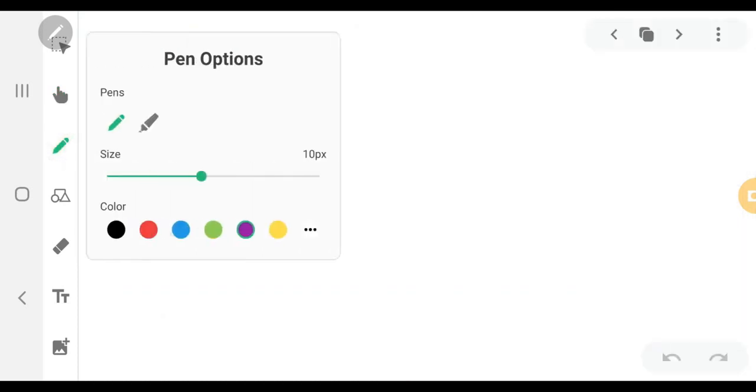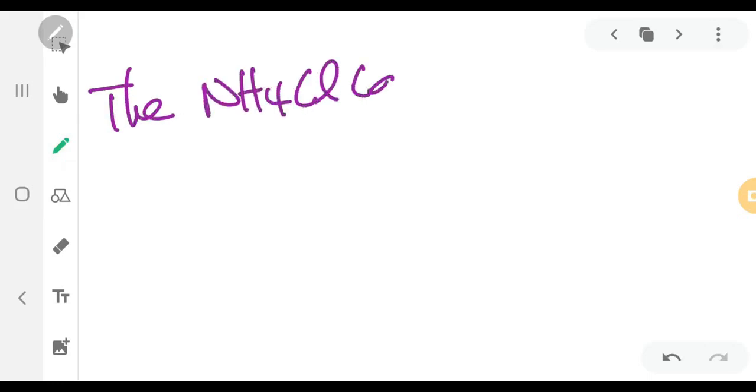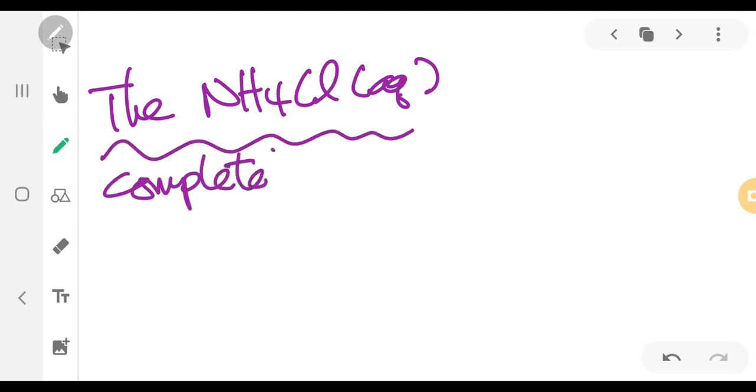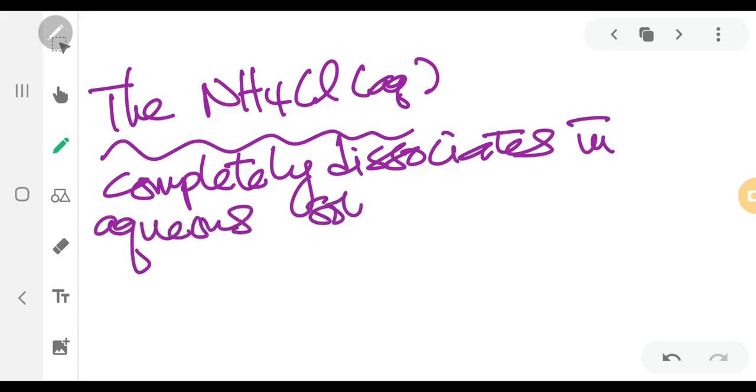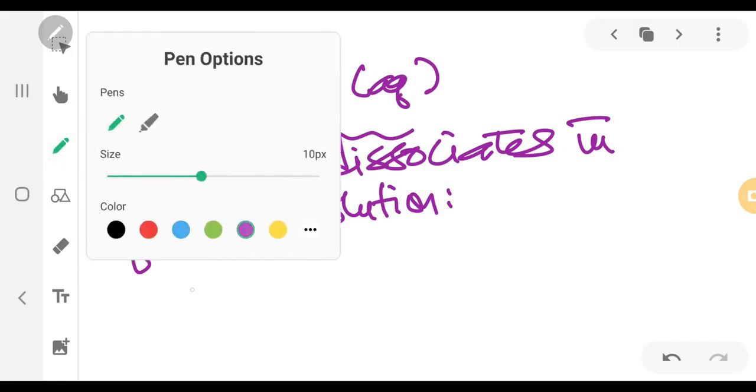The NH4Cl aqueous salt will completely dissociate in aqueous solution, because this is your salt.